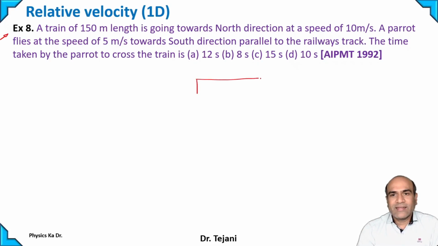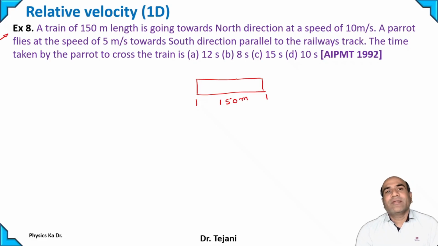Let's assume this is the train, having length 150 meter. It is going towards north. Let us assume this direction is north and it is the positive side. At a speed of 10 meter per second, that means velocity of train is equal to 10 meter per second.